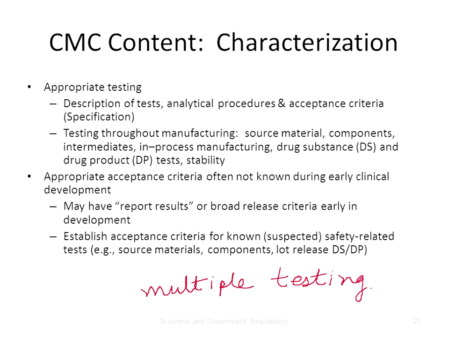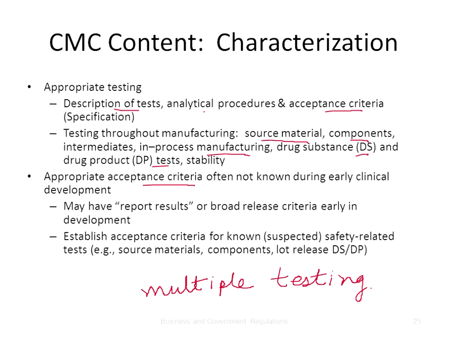Okay, so multiple tests. So you have to provide the description of tests, analytical procedures, and acceptance criteria, and what testing you have done throughout manufacturing for the source material, component, in-process manufacturing, for the drug substance and drug product tests, stability, etc. And you have to show them what your appropriate acceptance criteria are.